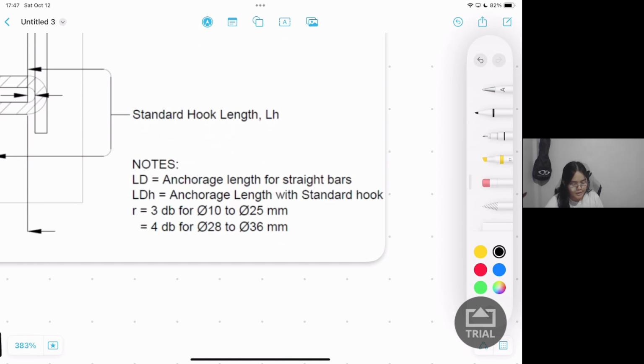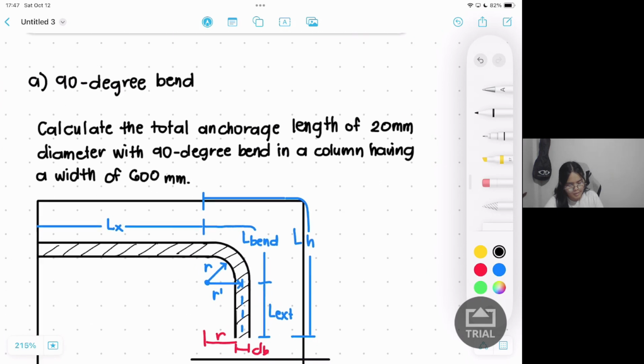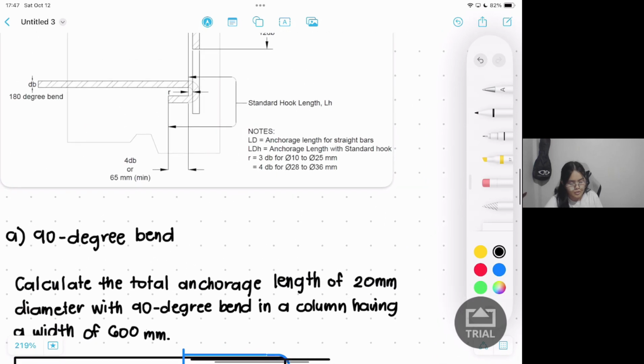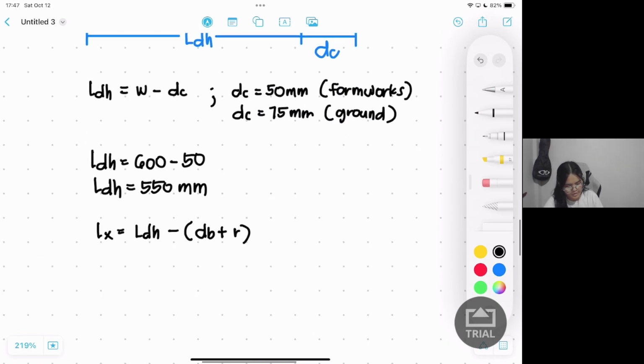And then, for diameter 28 to 36 mm, gagamitin natin si 4 dB. Ano ba yung nasa problem natin? Sabi, 20 mm. So, saan siya pasok? Doon sa 3 dB. Okay? So, 3 dB natin yung radius. So, i-note natin dito.